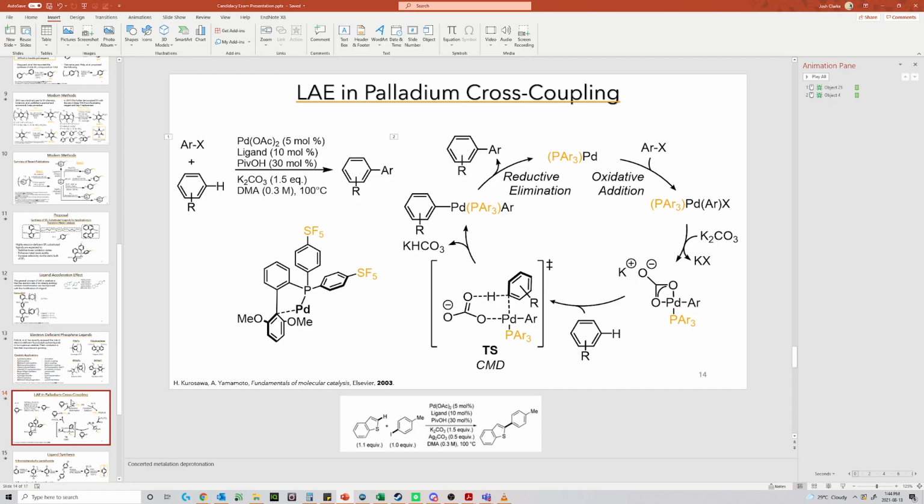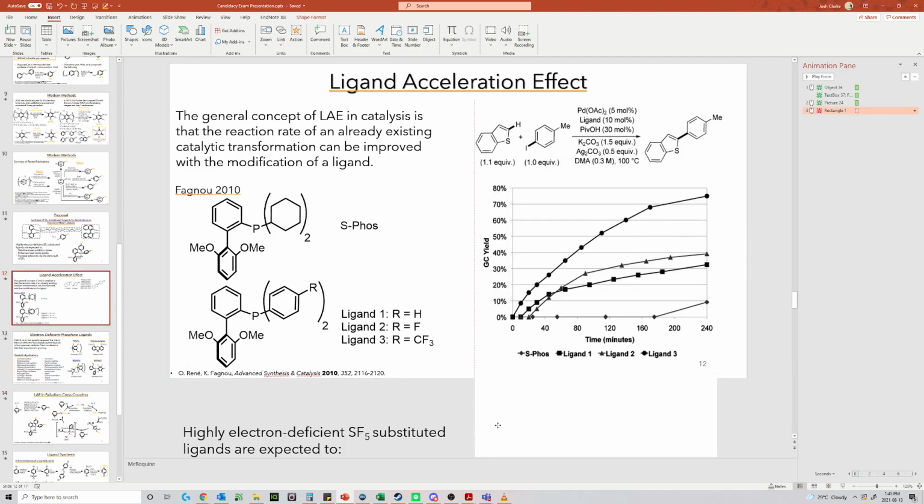So even though it may increase the barrier of the oxidative addition, the trade-off for reductive elimination and CMD benefits should maybe outweigh that, and that's why we see ligand acceleration effects in these cross couplings. But it won't be a general thing for all reactions, for sure. I've seen some reactions that do worse with electron poor phosphines, and that's just because their oxidative additions happen to be closer to being a barrier, and the trade-off isn't worth it for those specific reactions. Yeah. Okay.